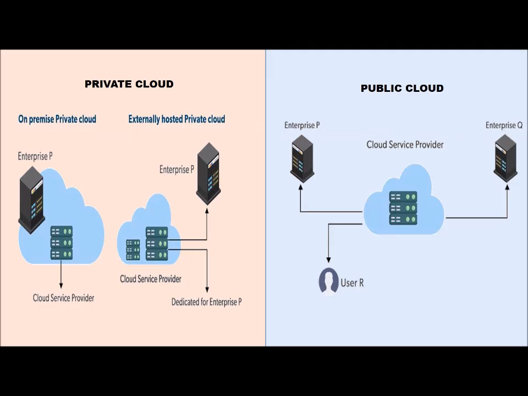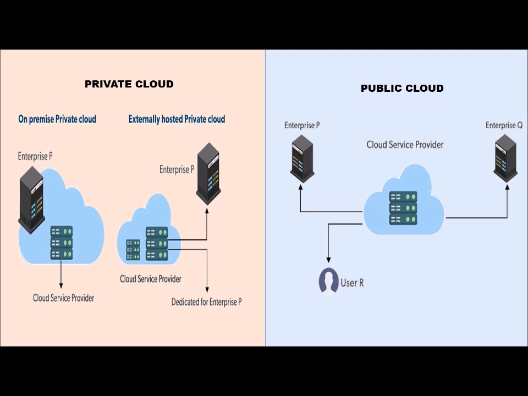And this is a diagrammatic representation of each cloud. The first one is private cloud, which has two types. One is on-premises private cloud and the second one is externally hosted private cloud. In on-premises private cloud, the enterprise P and cloud service provider are located in the same place.